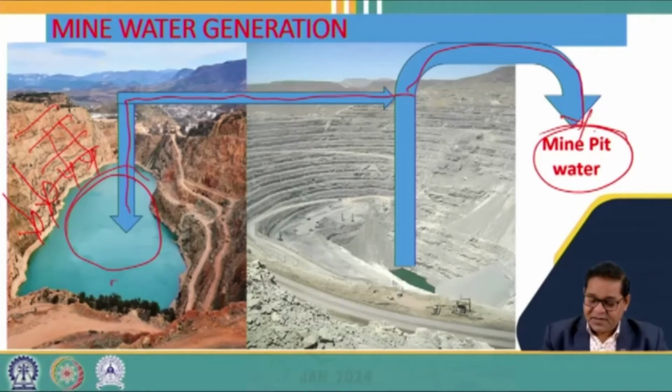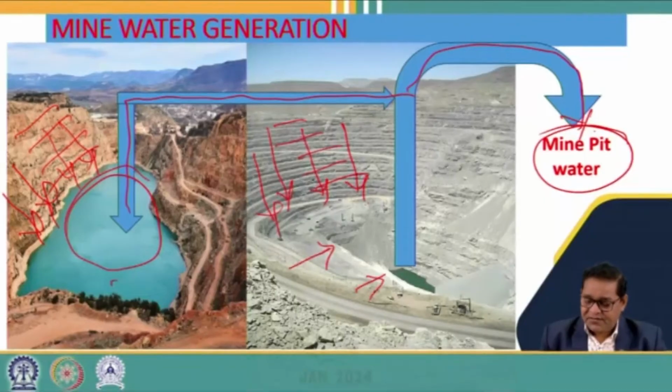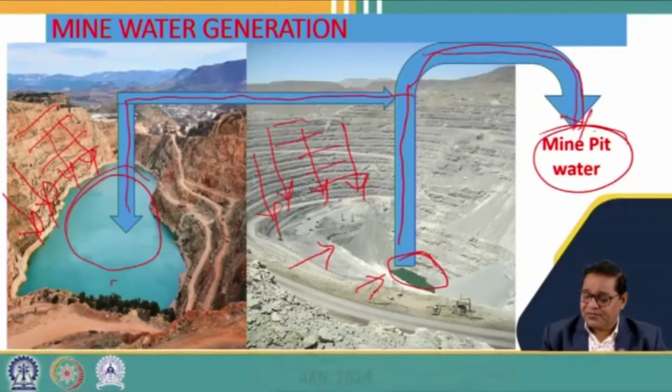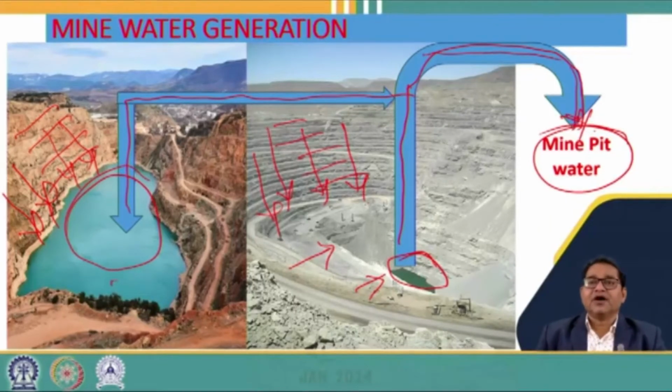Similarly, this is another mine. These are a number of benches, and during this mining operation, whatever water flows down over these benches is collected here in the mine pit, and from here it is pumped out using submersible pumps and then brought to the surface for further treatment and disposal.